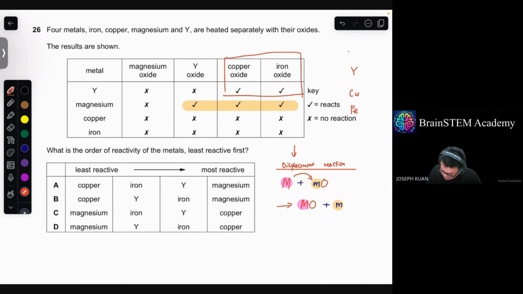So it means that magnesium is the most reactive out of all. And then copper is unable to displace any, and iron is unable to displace any. So the most suitable answer is A, magnesium being the one on top with Y found next. And actually, if you do memorize the reactivity series, you would know that iron is above copper. So the answer is A.